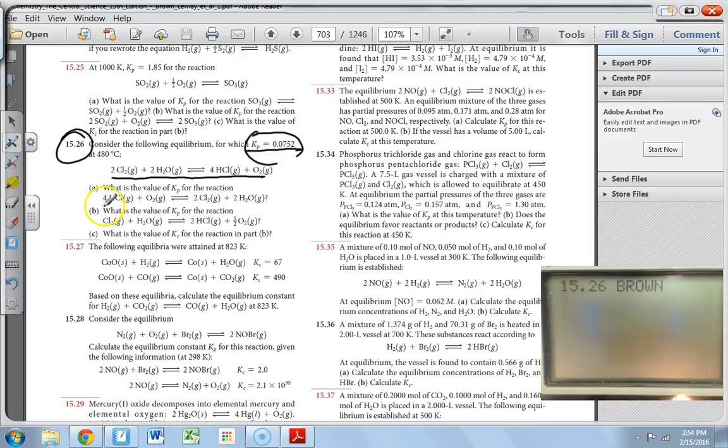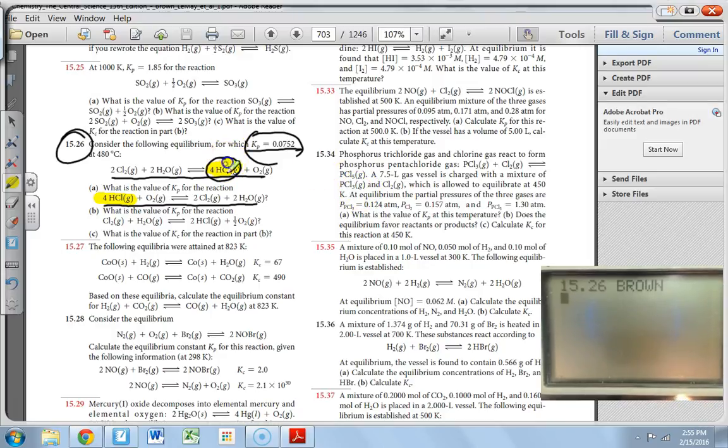In part A, my trick is to just pick one product or one reactant and see what happens to it. My eyes are focused right here on this one. We have 4 HCl here, and 4 HCl here.